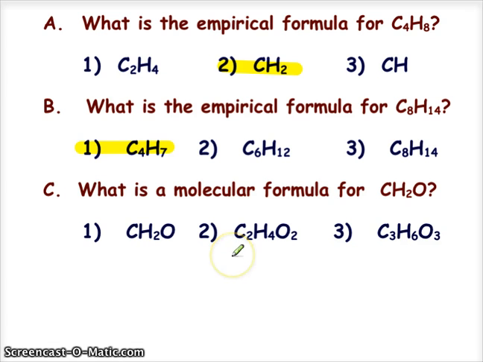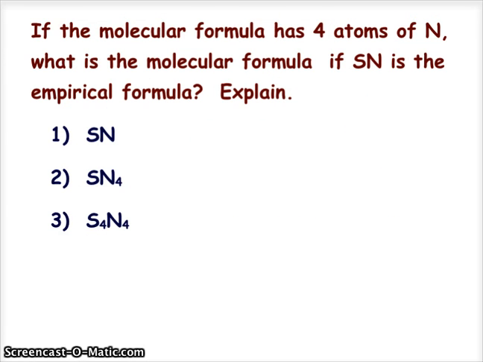And for the empirical formula CH2O, C2H4O2 and C3H6O3 all are molecular formulas for that empirical formula. And again, when we look at the molecular formula with 4 atoms of nitrogen, if the empirical is S to N, a 1-to-1 ratio, our molecular formula would be S4N4.